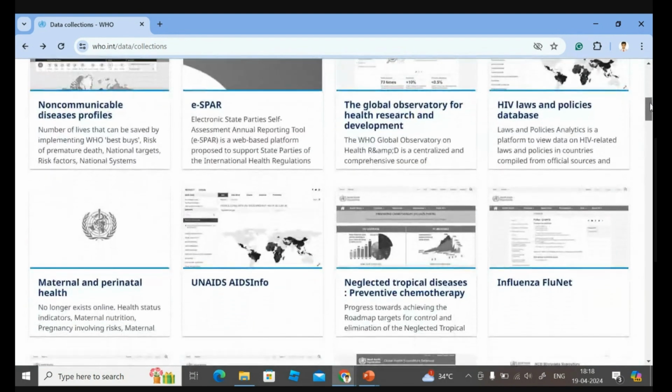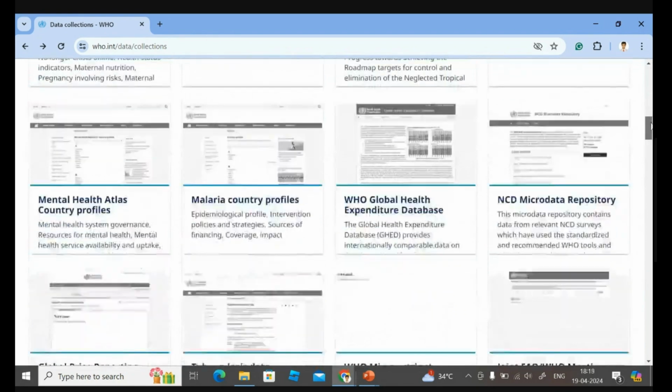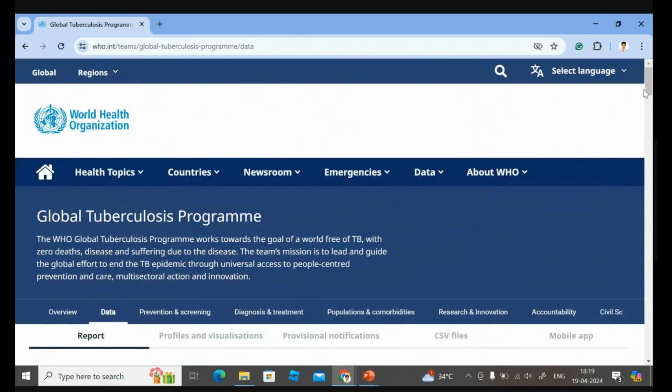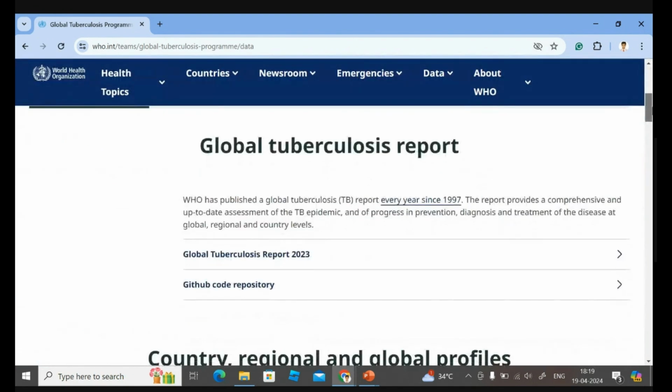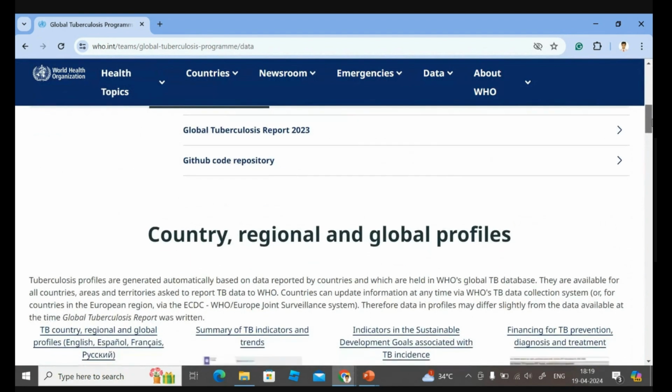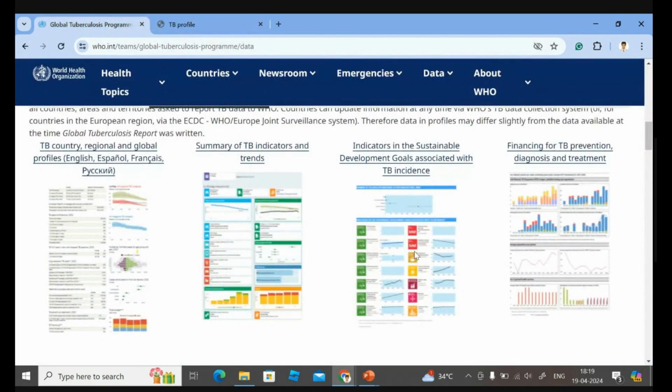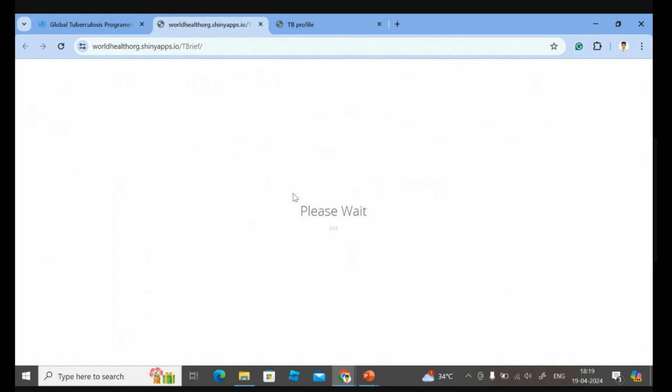I wanted to have the maternal mental health atlas. Somewhere tuberculosis is also there. I mean, there is some data that is there. So country wise, this is a visualization. Can you see the visualization?